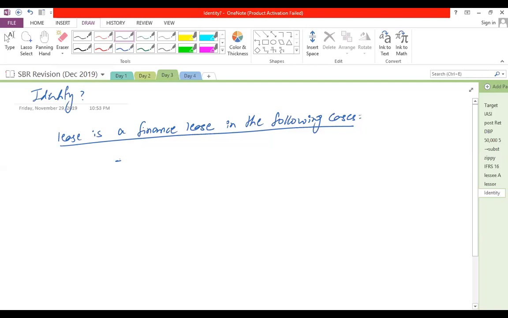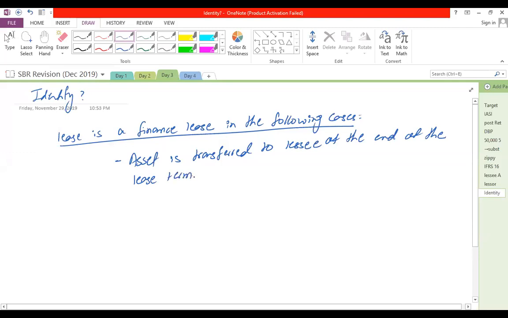The first possible case is that the asset is transferred to the lessee at the end of the lease term. If the asset will be transferred to the lessee at the end of the lease term, then we call it a finance lease.